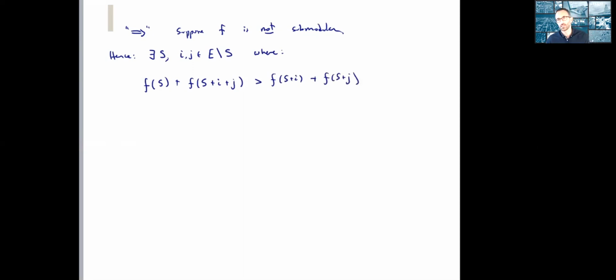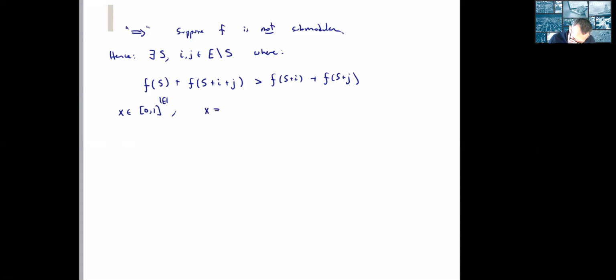This is again just a statement of decreasing marginal values, where we look at a set S and S union j. That's one way to see it, and it's also an expression of the basic submodular inequality. Okay, so now let's take the set X to be in 0, 1 to the E. Let's take X to be defined by this set S and the elements i and j that we've found.